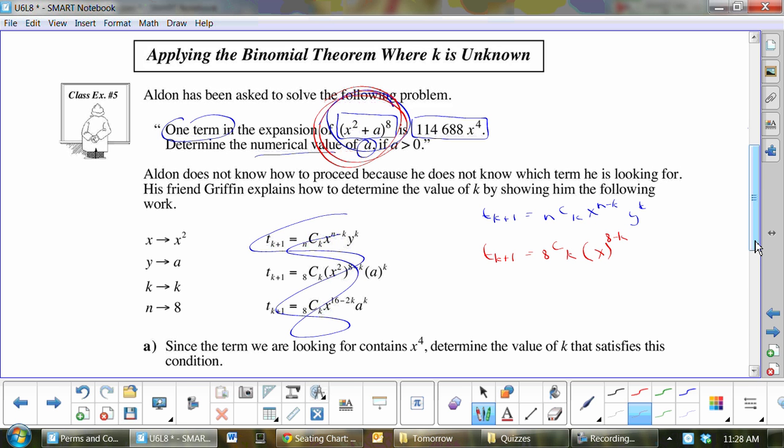What is y? It's a to the k. Now, does everybody get how I've constructed this? Sorry, you're right. It is x squared. It's a good thing I asked if this looks right.